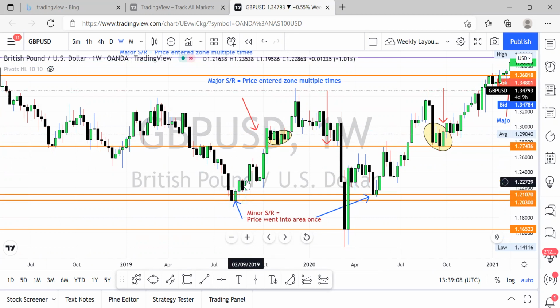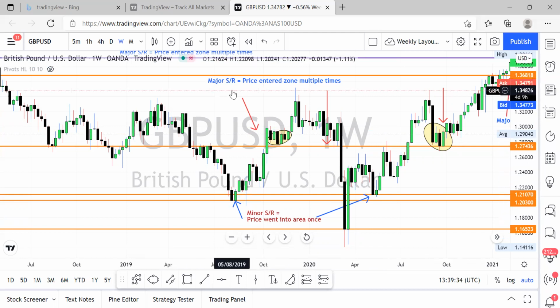We're not really too bothered about the wicks, it's more about the bodies. Price entered this zone, went back out. If you look around about here again, price went to this zone and bounced back out. Price went into this zone again, went back out. So you haven't got multiple entries going back to the same zone.